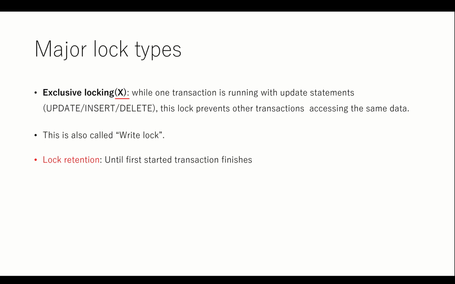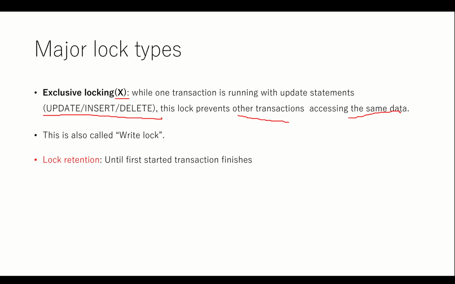If one transaction starts with an update statement, for example, right? An update statement can be update, insert, or delete. An exclusive lock is enabled, and other transactions trying to access the data should wait until the lock is released.